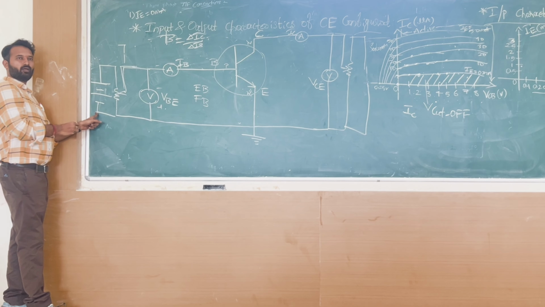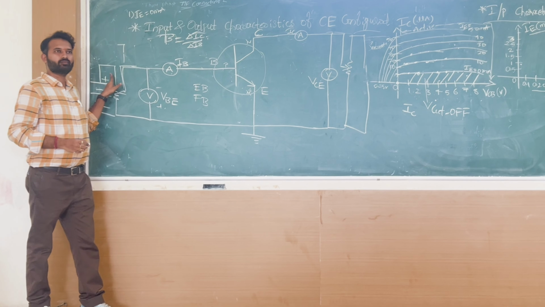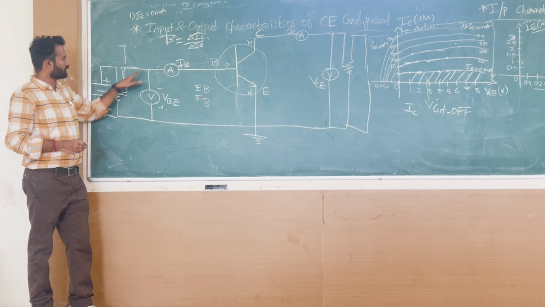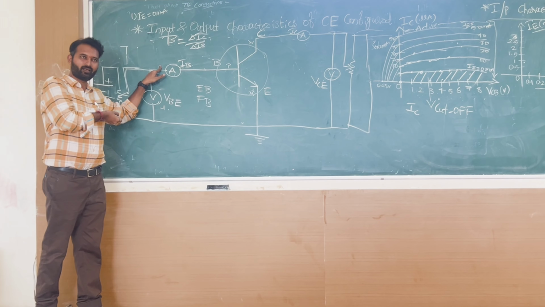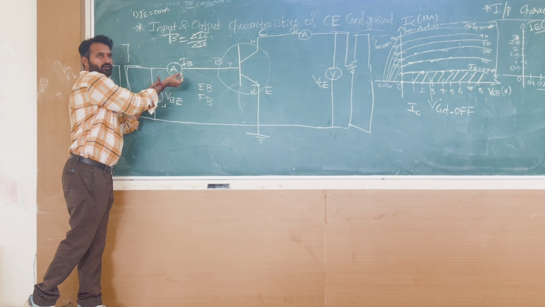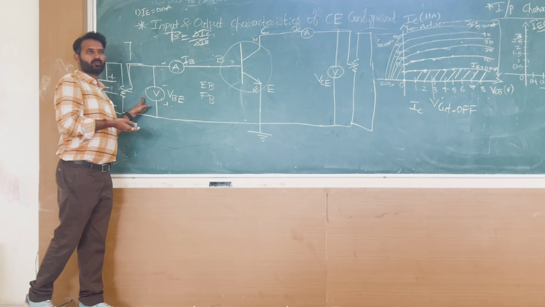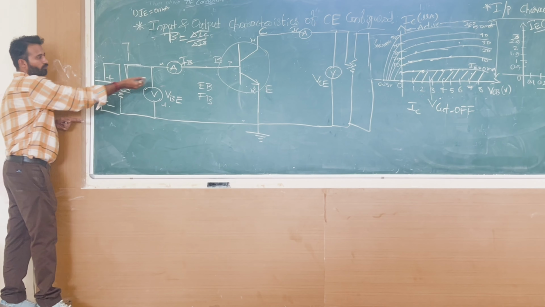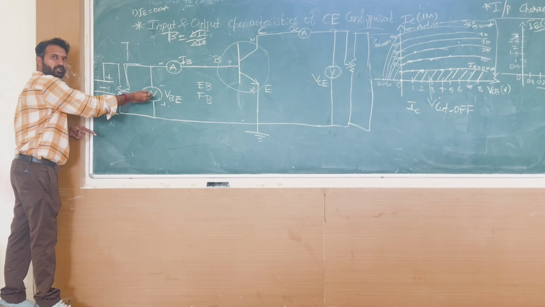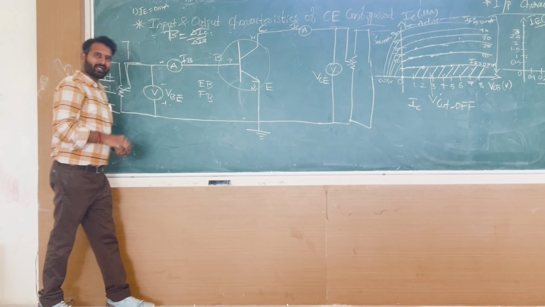Negative, positive. Plus, minus. Just look at this in the diagram. Connect the polarities, plus or minus, whatever it is in the diagram. Go through those lines. Understandable? So, positive to the positive, negative to the negative. This will become VBB.